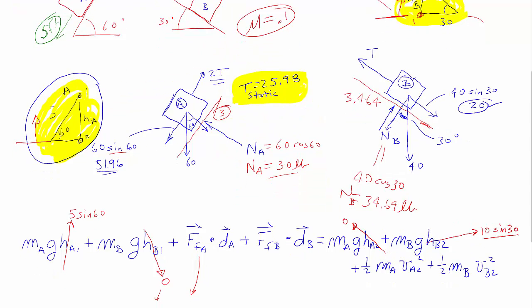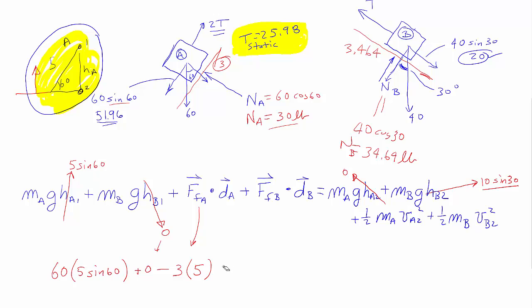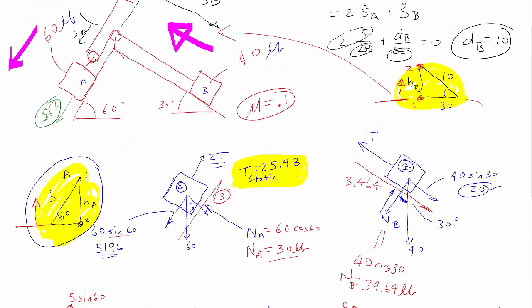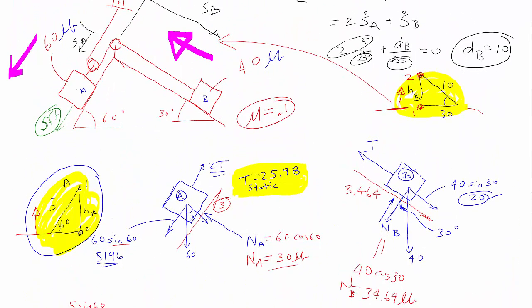Okay, similar concept over here. They both show up with a negative. The frictional force was 3.464. And what distance did we move? We moved this block a whole 10 here.